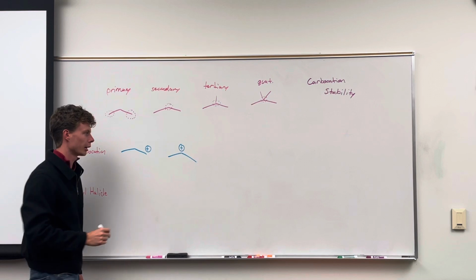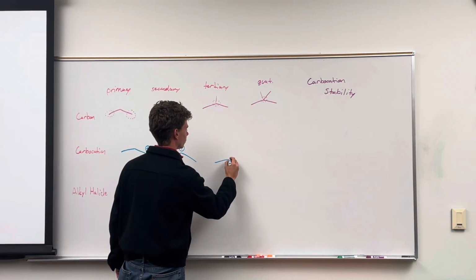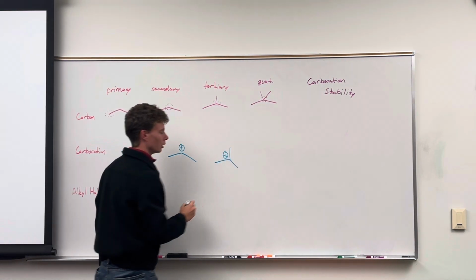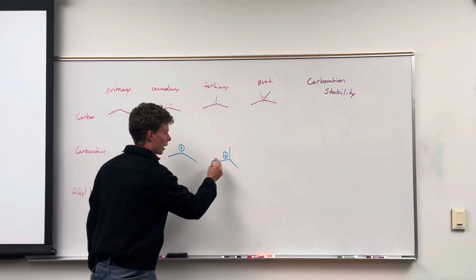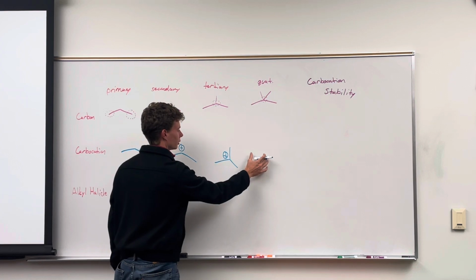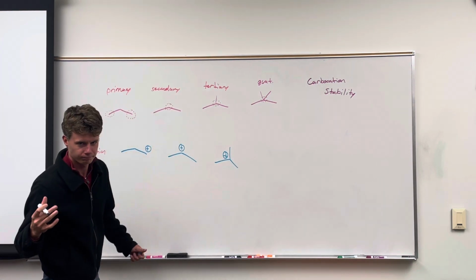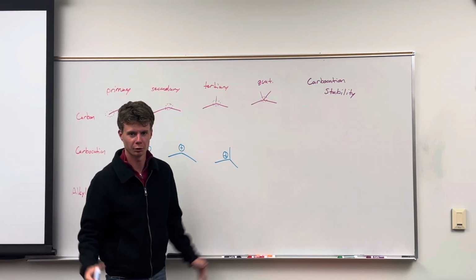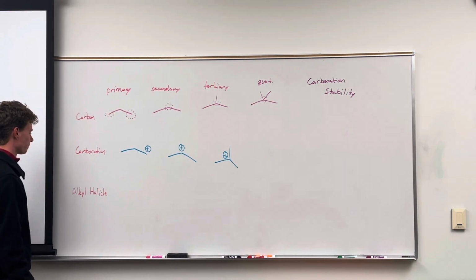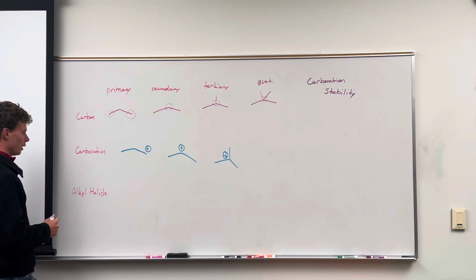Secondary carbocation, tertiary carbocation. We can't have quaternary carbocations, otherwise we wouldn't have a carbocation. We'd be bonding to four groups. We wouldn't have that positive charge.